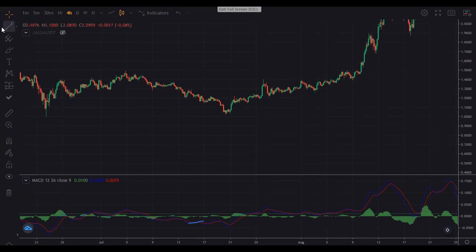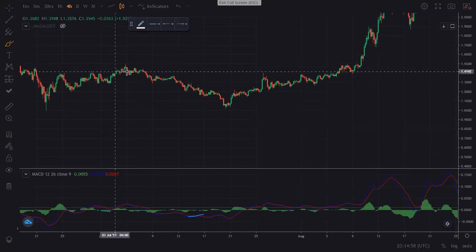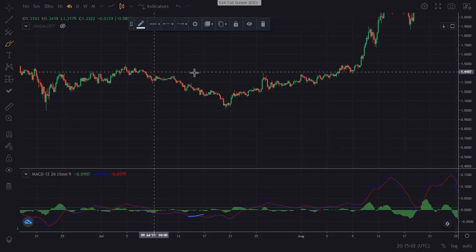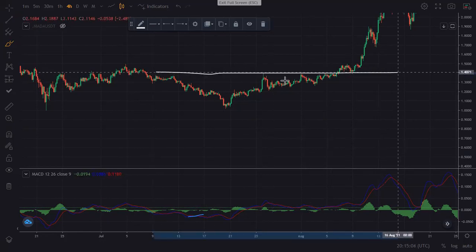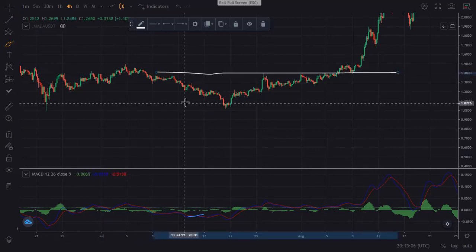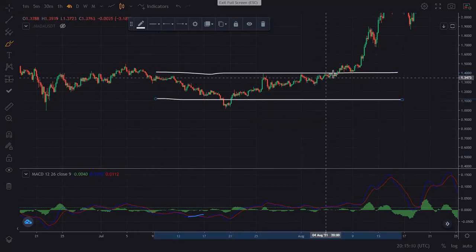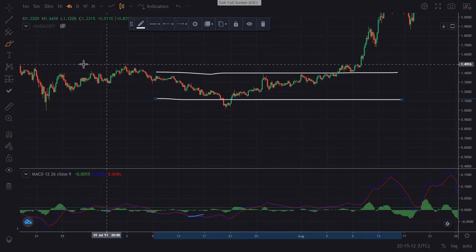So for us to identify when to buy inside this kind of ranging market, you draw two lines up and down. Okay, we'll not draw it very well.